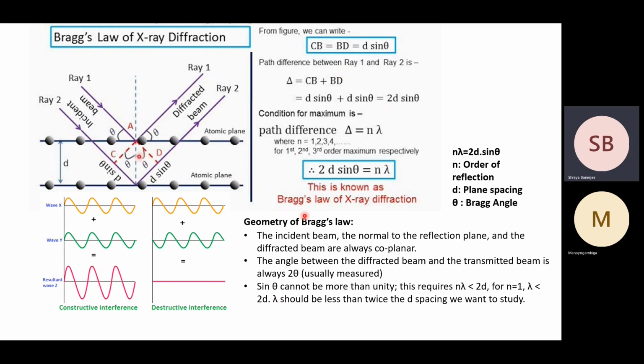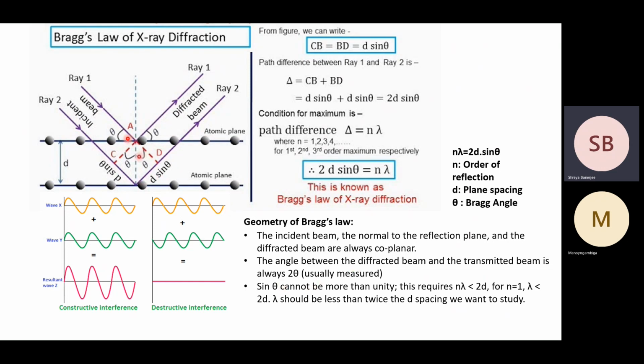A few things to remember about the geometry of Bragg's law is that the incident beam, the normal to the reflection plane shown by this dotted line, and the diffracted beam are always coplanar. So here they are in the plane of this slide. The angle between the diffracted beam and the transmitted beam is always 2 theta.